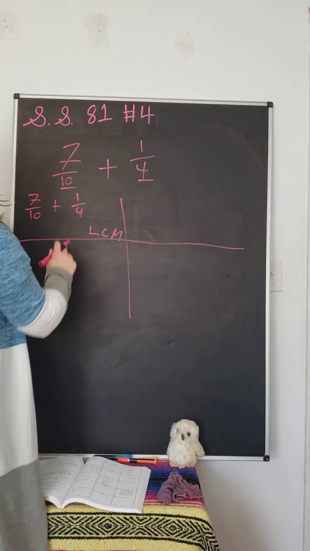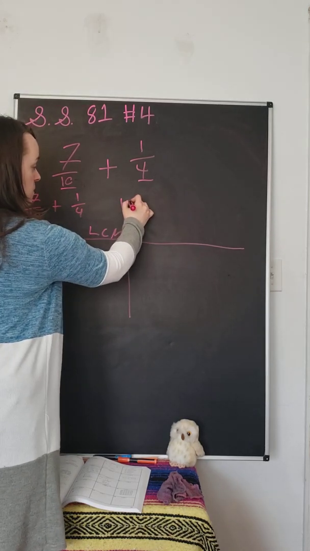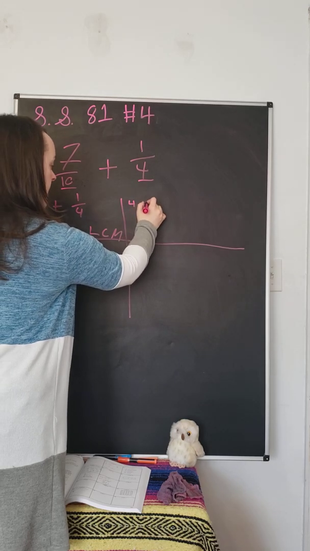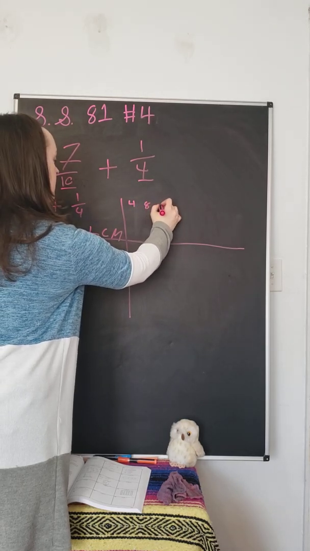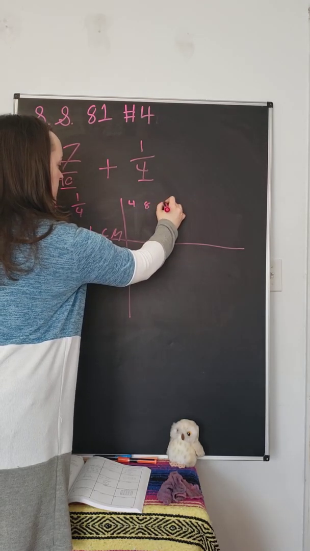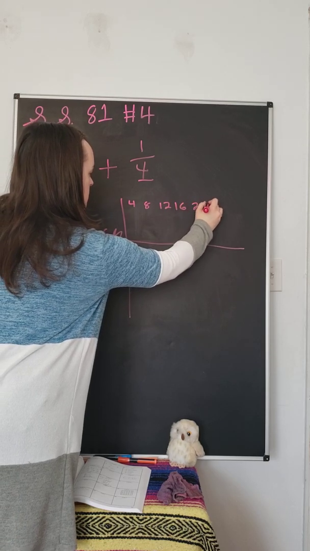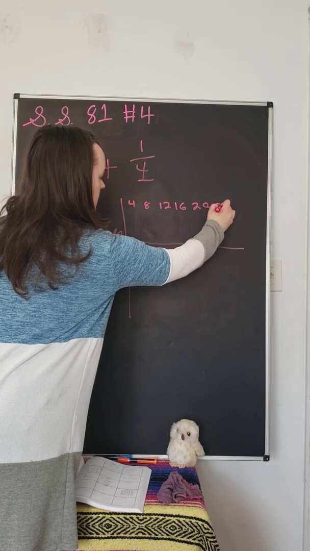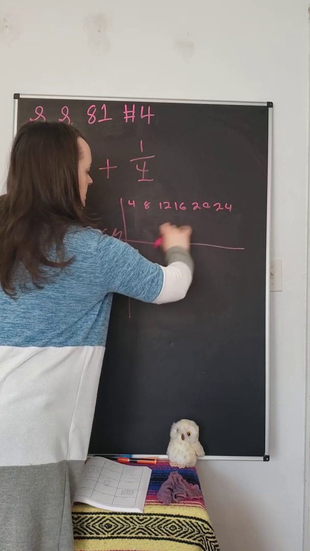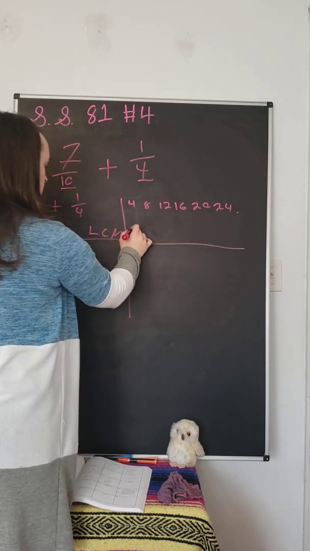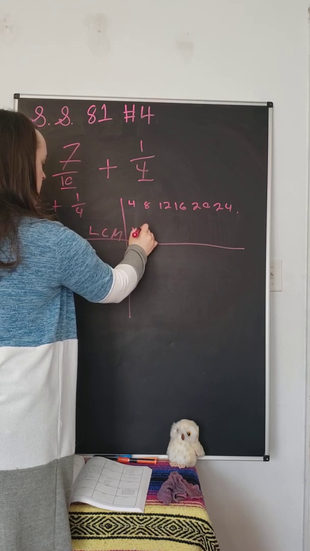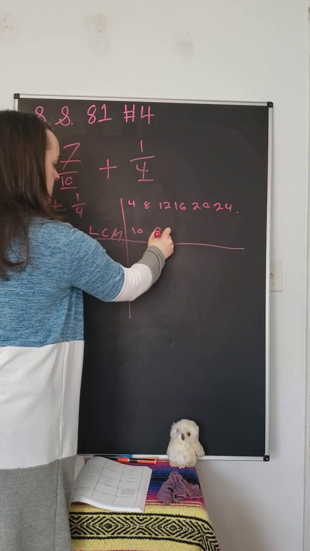So what I'm going to do is list the multiples of 4 right here. So we got 4, 8, 12, 16, 20, 24, and so forth. So for 10, we got 10 and 20.